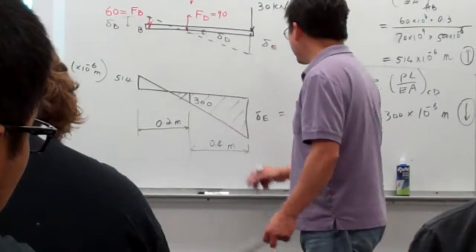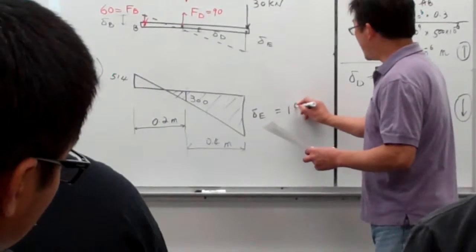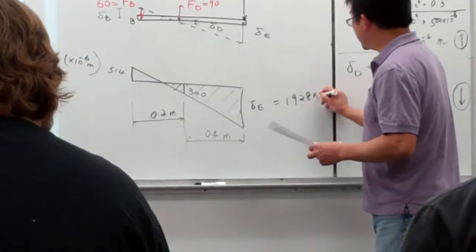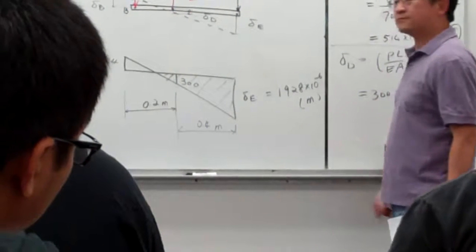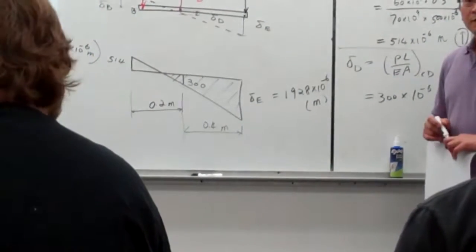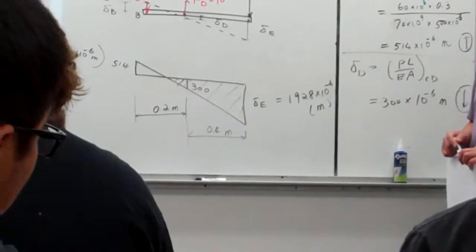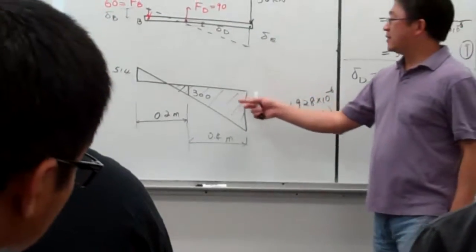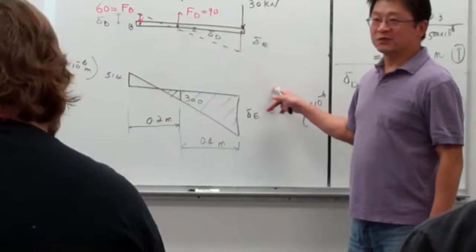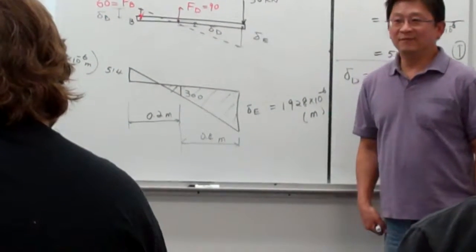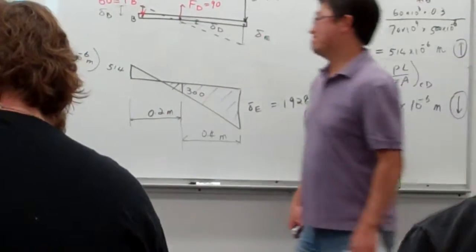Either way, the answer should be equal to 1928 times 10 to the minus 6 meters. The similarity of the triangles is the compatibility equation for this problem.